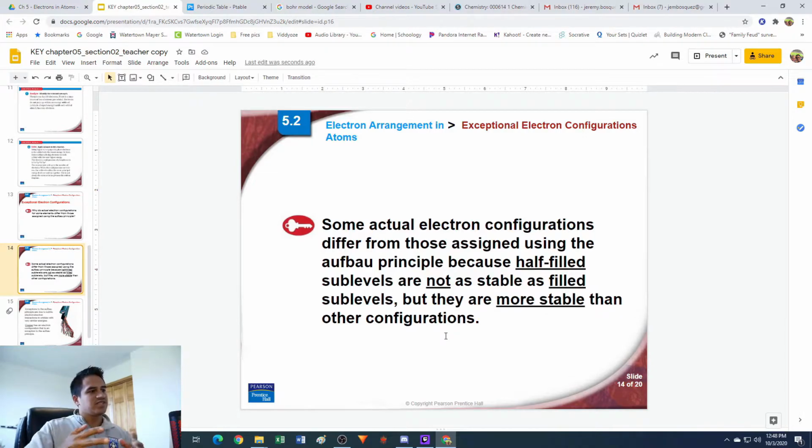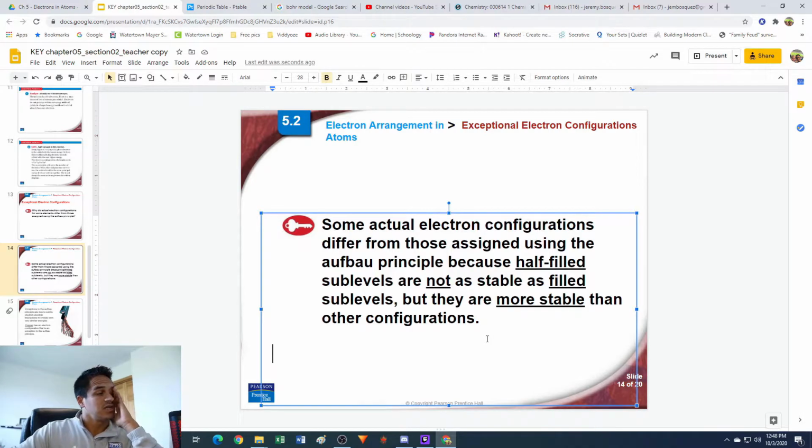Some elements will have electron configurations that are not normal because of this general principle: half-filled sublevels are not as stable as fully filled sublevels, but they're more stable than partially filled ones. Now you might be thinking to yourself, what the heck does that mean?